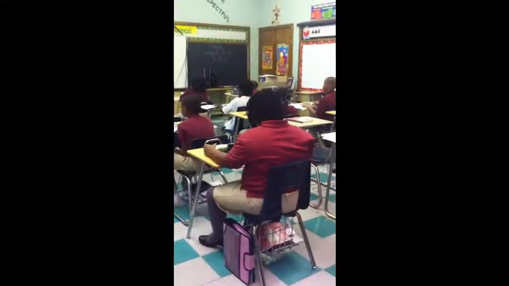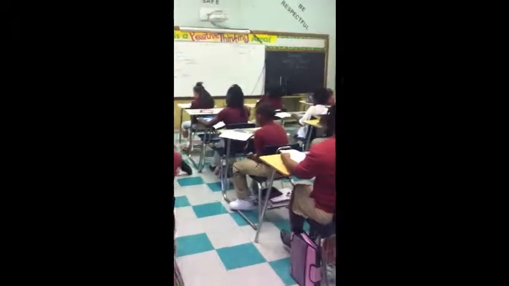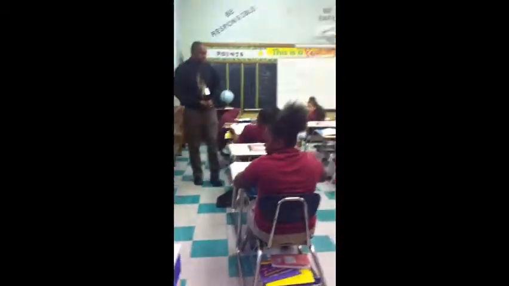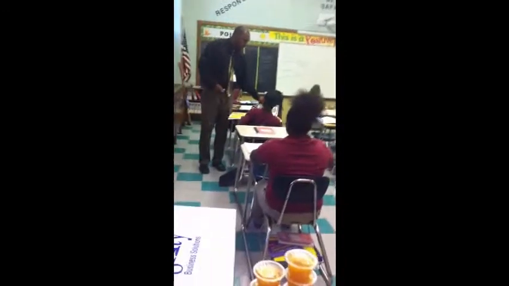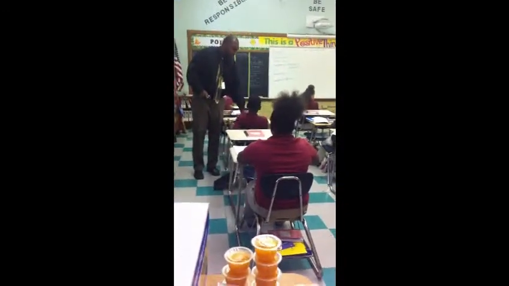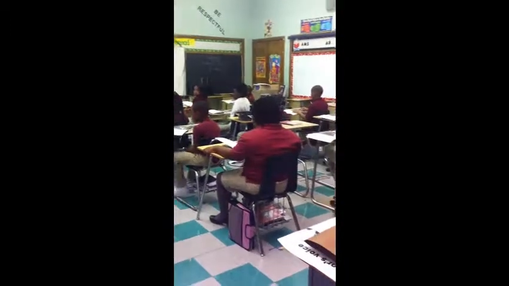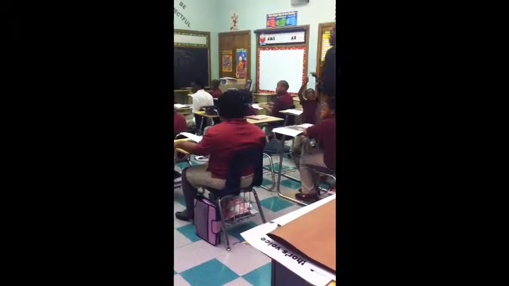In your workbook, turn to the very first page. That's fine. That's good. That's great. First page. Okay. She's got it. This row is ready. The second row is ready. Third row, good job. Fourth row. Okay.